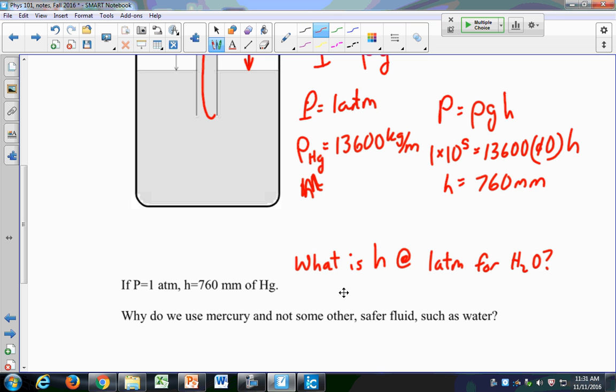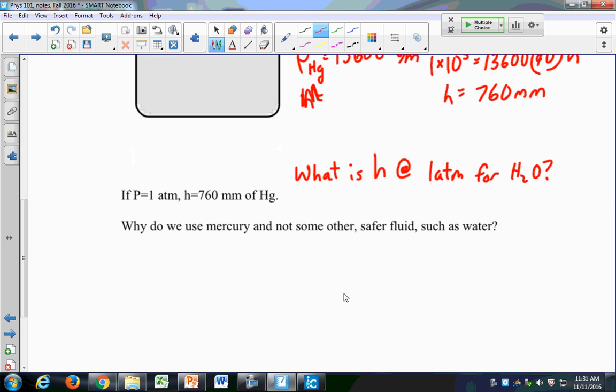Doing the exact same thing here, except using a different density. What is the height of a column of water at 1 atmosphere? What is it? 10 meters.